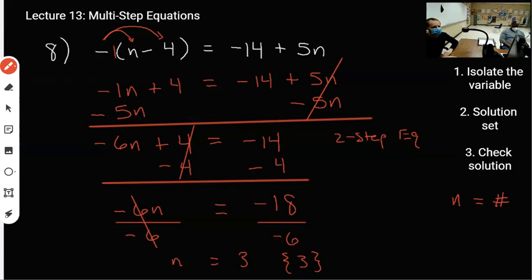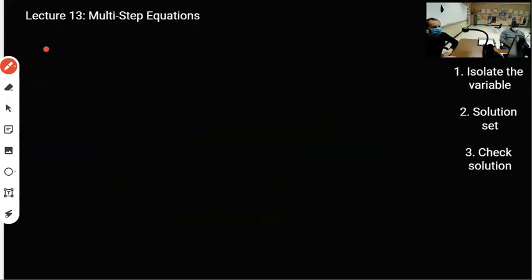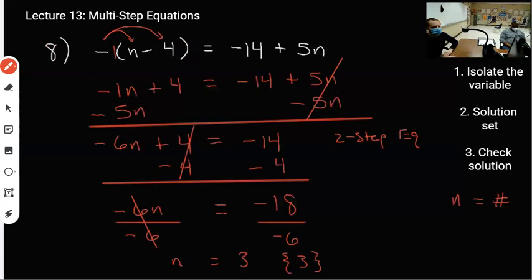All right, let's go ahead and check this on the next slide. So for 8, we had this to start off with, right? Negative n minus 4 is equal to negative 14 plus 5n. And we're going to be substituting in the number 3.